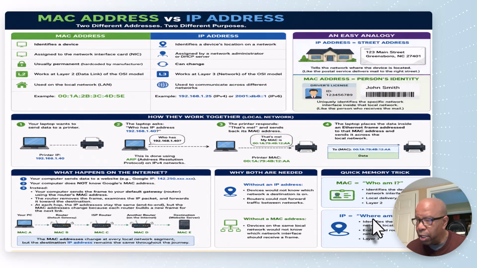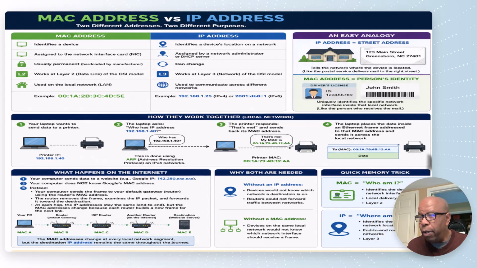The IP address is where am I. Once it determines where the particular device is, it will go to that location and then get the MAC address for the specific device at that location. So the MAC address is the actual device, and the IP address is the location where that device is resident right now.